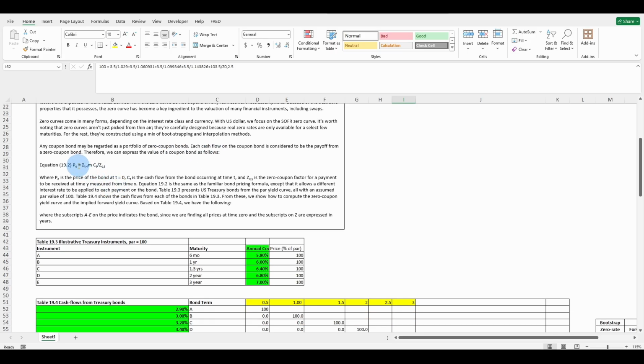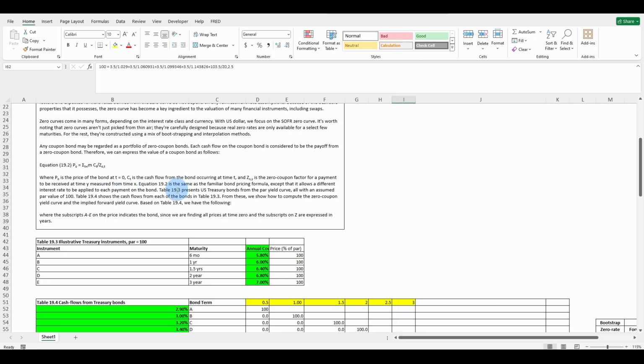Equation 19.2: P is equal to the sum of C(T) times Z, where P is the price of the bond at time 0, C(T) is the cash flow from the bond occurring at time T, and Z is the zero coupon factor for a payment to be received at time T measured from time 0. Equation 19.2 is the same as the familiar bond pricing formula, except that it allows a different interest rate to be applied to each payment on the bond.